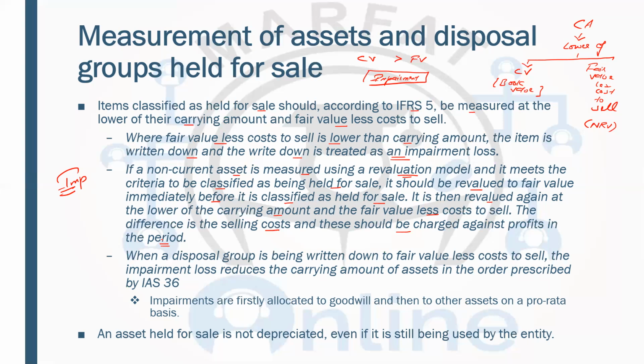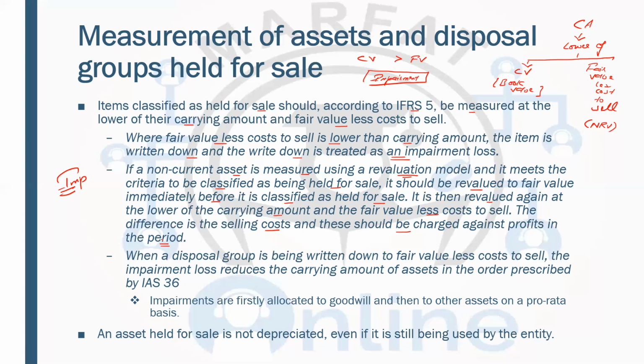Now we are particularly talking about the assets which are on the revaluation model. When you have assets on the revaluation model, first of all, you are going to revalue them before they are classified as held for sale. Once they are brought to the revalued amount, then they are compared with the fair value less cost to sell.